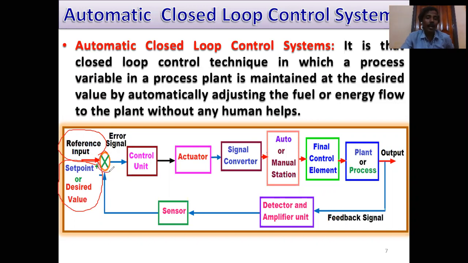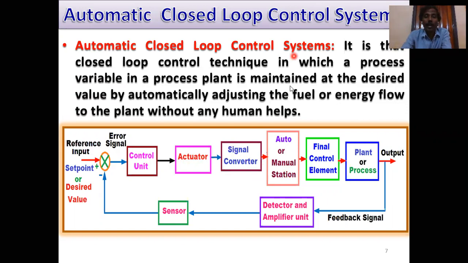This is the comparator or summing point. And this is the control unit. This is the actuator output signal controlling the signal converter, and the signal converter output is controlled automatically or manually. In this case, it is an automatic control system.